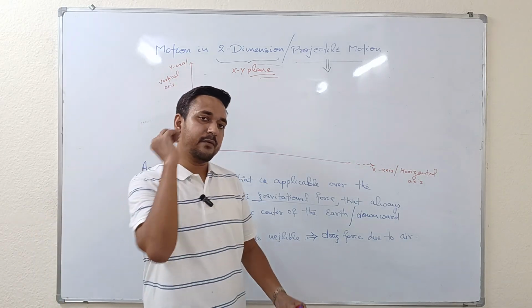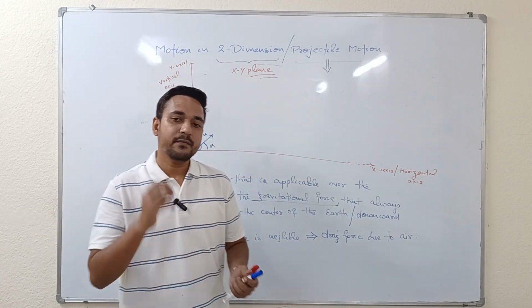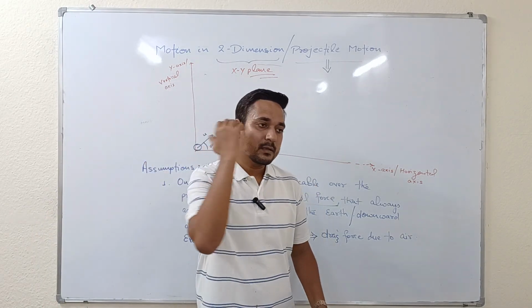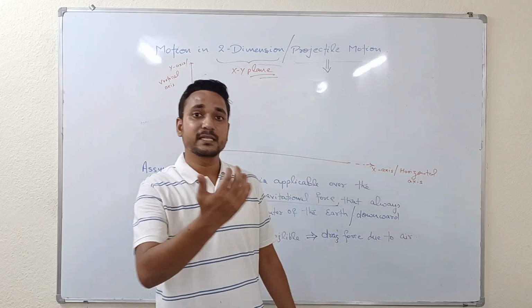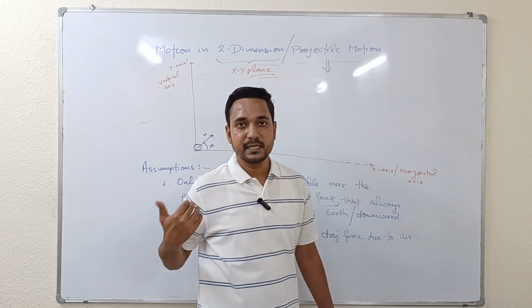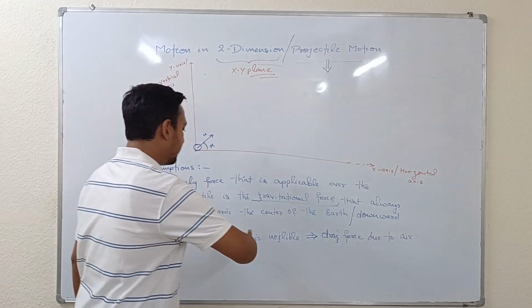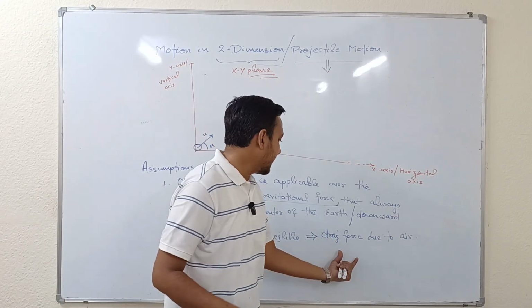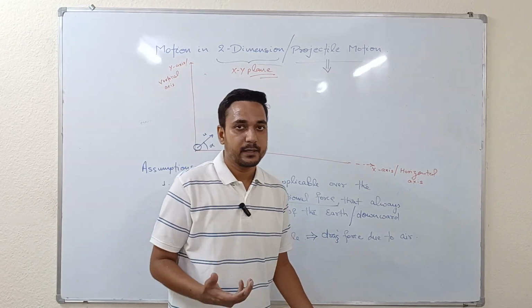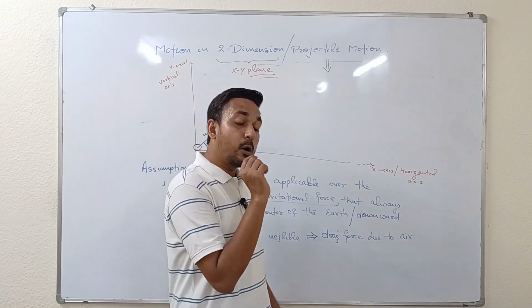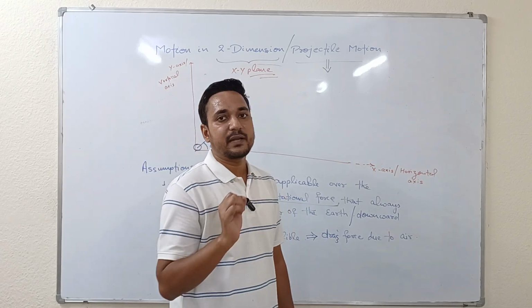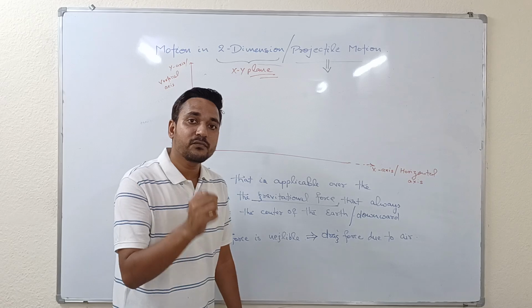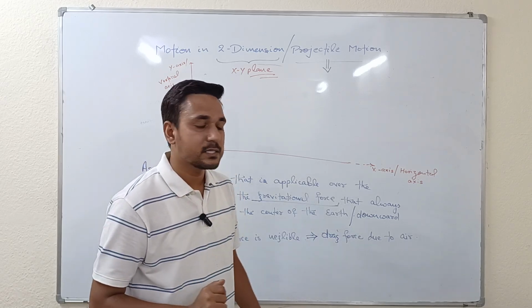Whenever we travel, the air applies a resistance force in the opposite direction, right? So in all of these cases, we are taking that force, especially the drag due to the air, as negligible. So the only force that is applicable is the gravitational force, and the direction of that force is always downward.